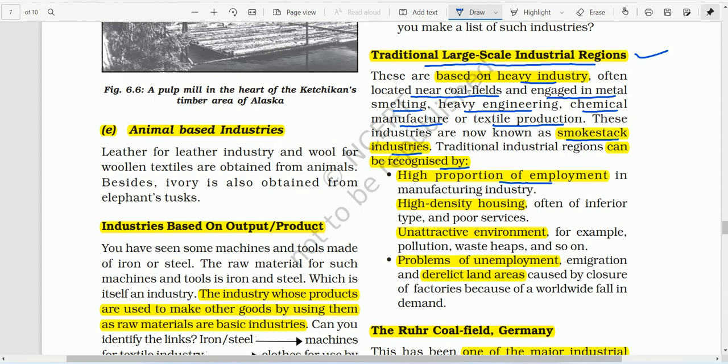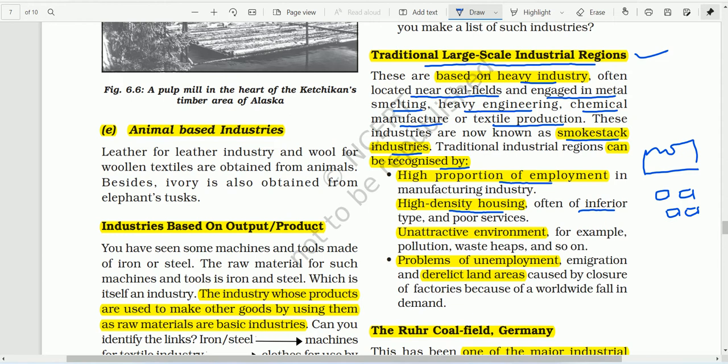There is high density housing, often of inferior type and poor services. Nearby the factory, there will be quarters for the workers. There will be houses for the workers, of high density and often inferior type, with poor services.